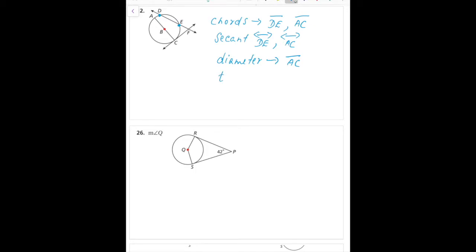And tangent, do I have any tangent? Yes, because line CF meets the circle at 1 point, which is C. And do I have any radii?